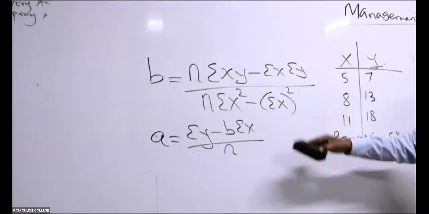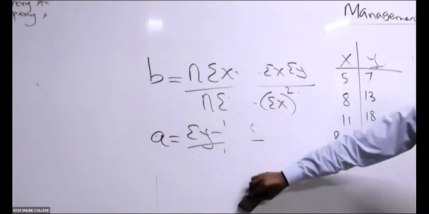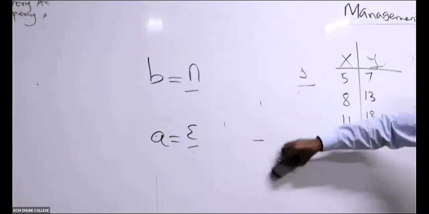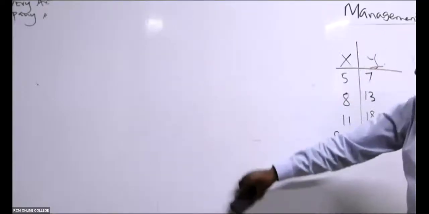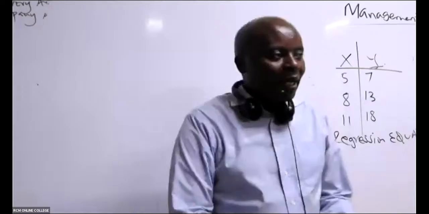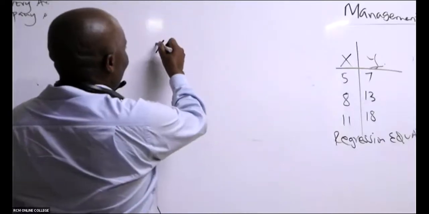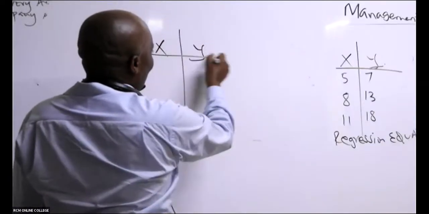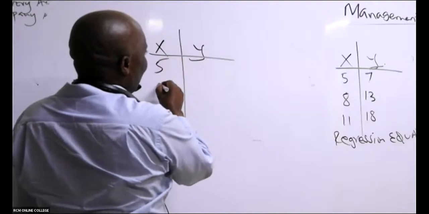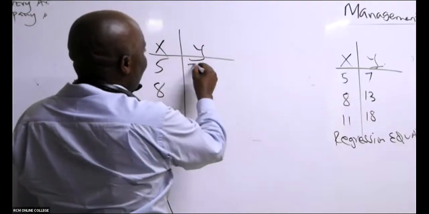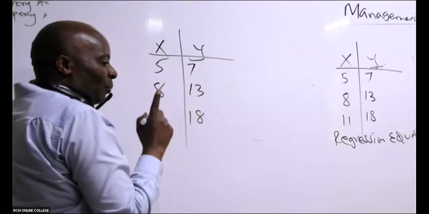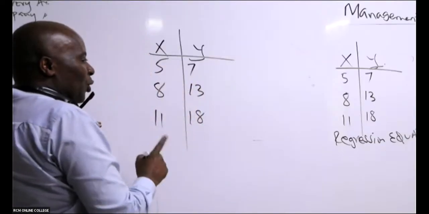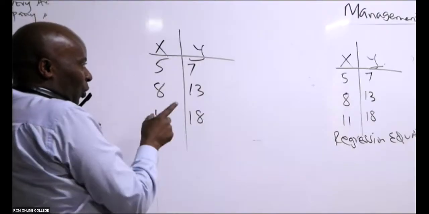All right, so we want to get a regression equation out of this. This is our x and this is our y: 5, 8, 11 and 7, 13, 18. In your past papers, we have so many of these regression equations.